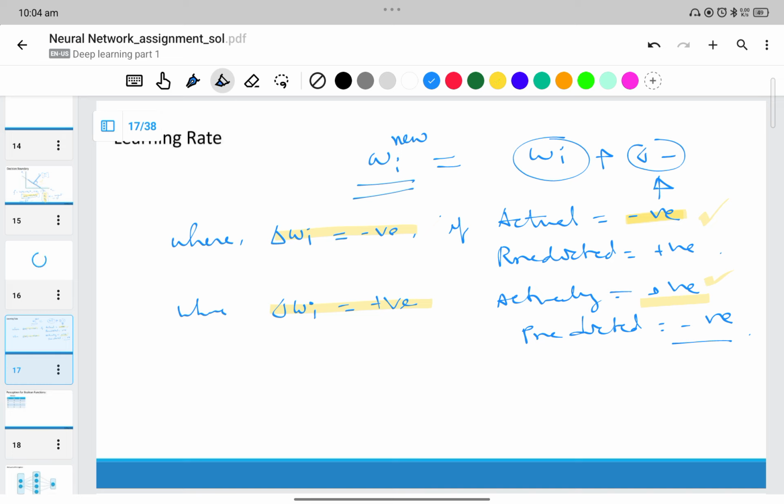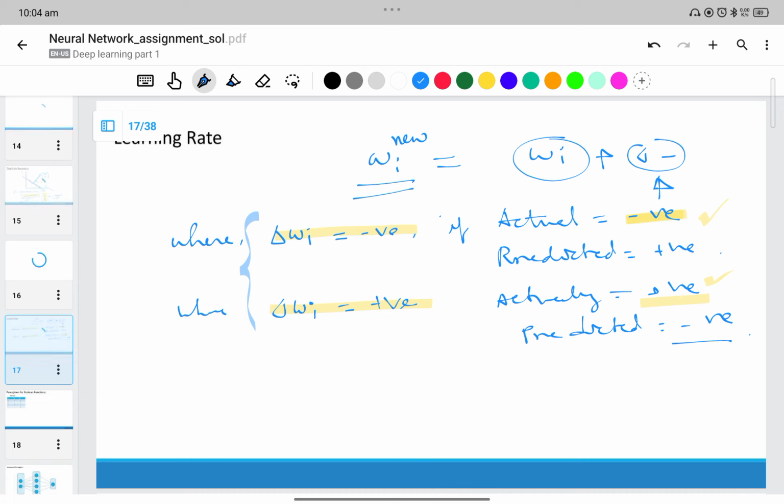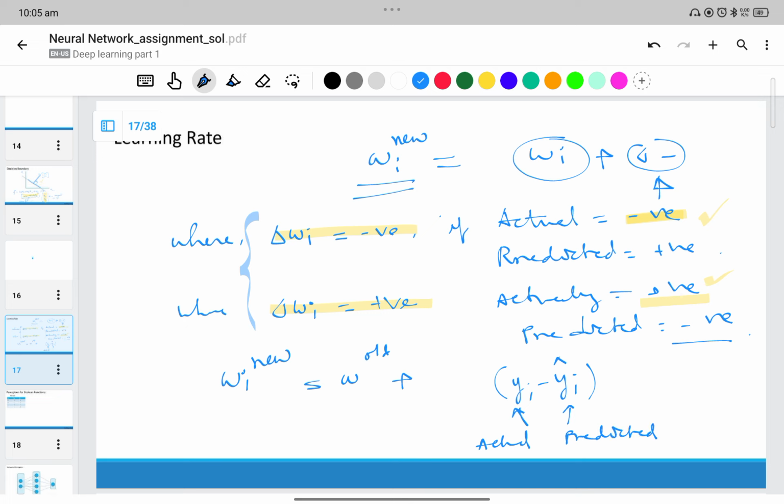So this is the final outcome after summing up all of this. We get wi new, which equals w old plus some constant multiplied by the difference of actual minus predicted, multiplied by the input data.